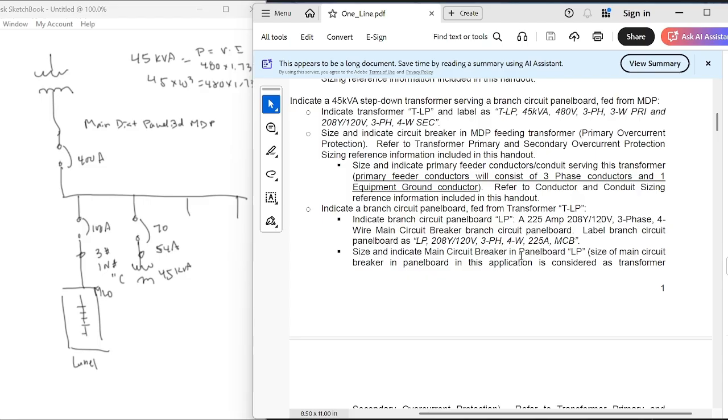So basically, at this point in time, with 208, you're down to calculating the size of the circuit breaker for this panel. Okay, so now I come down to this panel.